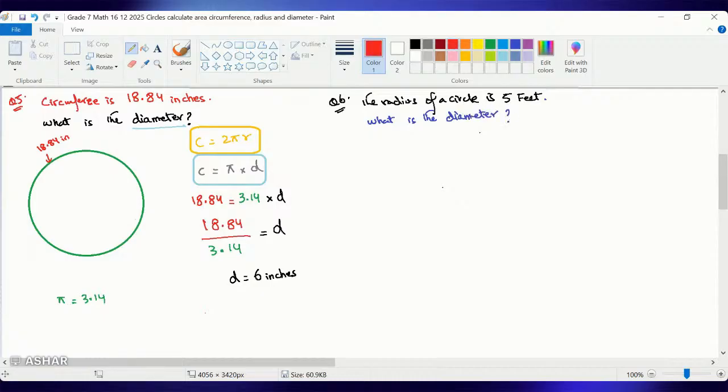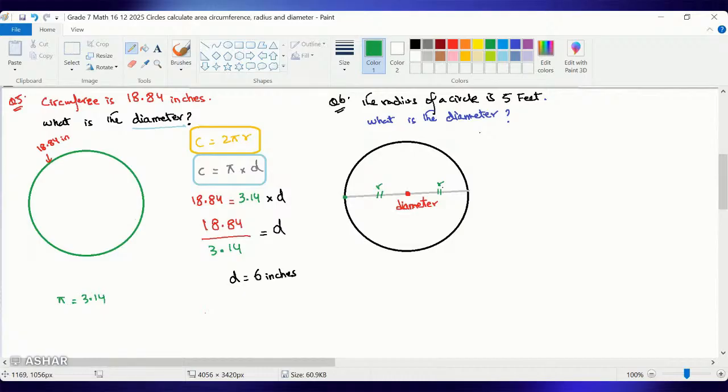So we know that in any circle, the distance from one point to the other point passing through the center is always the diameter. The total length is the diameter. Whereas the smaller lengths from the center to the circumference are the radius, right?